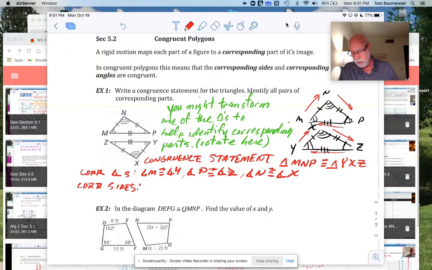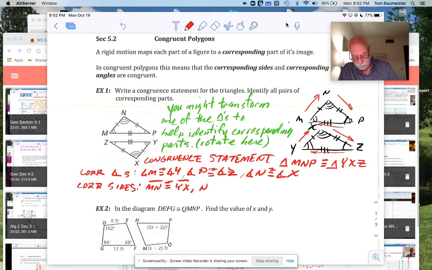And the corresponding sides, the same thing. I'm going to follow my rotation that I did, ladies and gentlemen. So if I tell you MN, remember, since it's congruent, I know I have to talk about the line segment. Line segment MN is congruent to line segment YX, and we have to follow the same rotation.